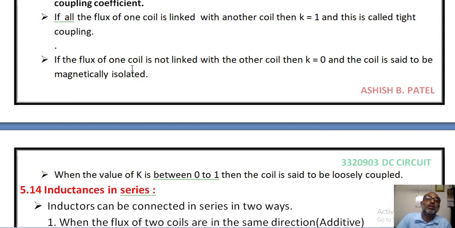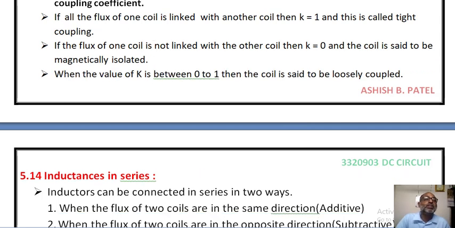If the value of K is between 0 and 1, that means the flux linkage with the other coil is between 0 and 1, then the coils are said to be loosely coupled. So it is most important.